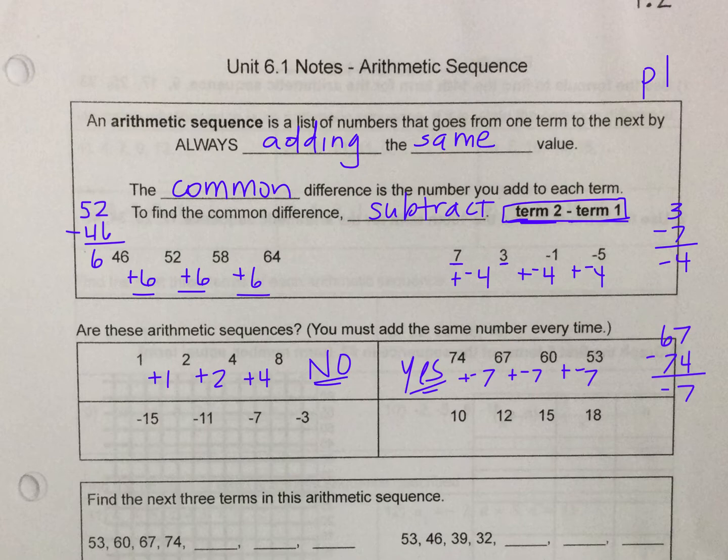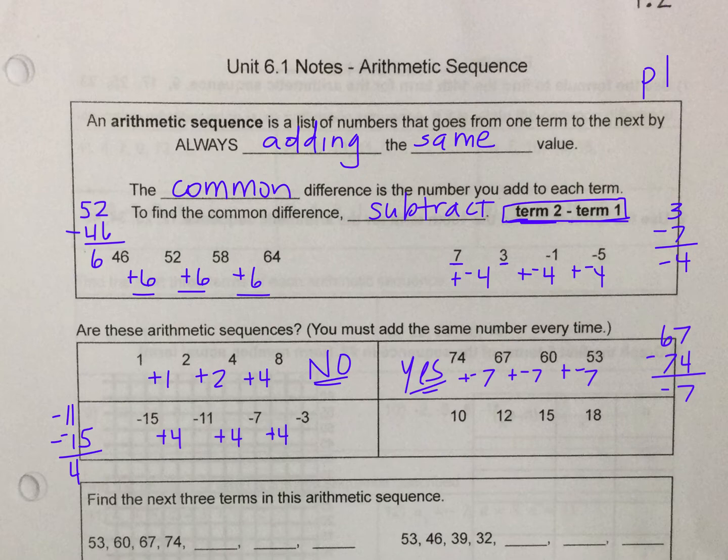This next one, let's take term 2, negative 11, and subtract negative 15. When you do that, you end up with a 4. Negative 15 plus 4 is negative 11. Negative 11 plus 4 is negative 7.